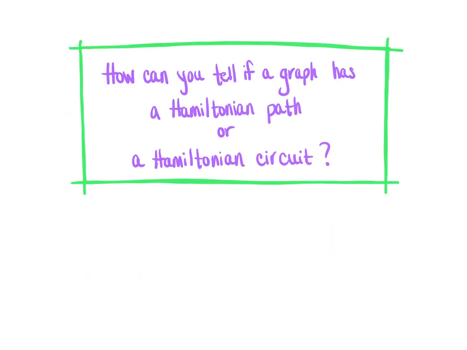Now, how can we tell if a graph has a Hamiltonian path or a Hamiltonian circuit? This is one of those interesting problems where there is no good way. We just have to try it out.